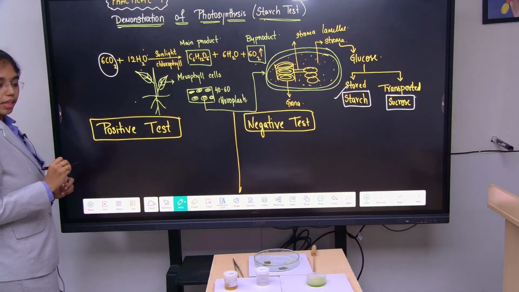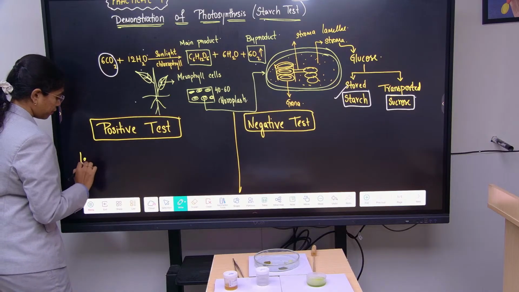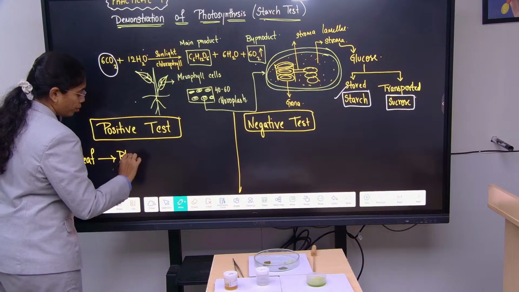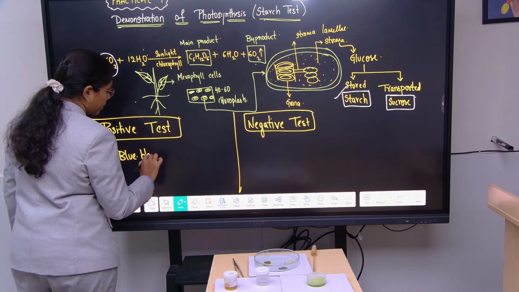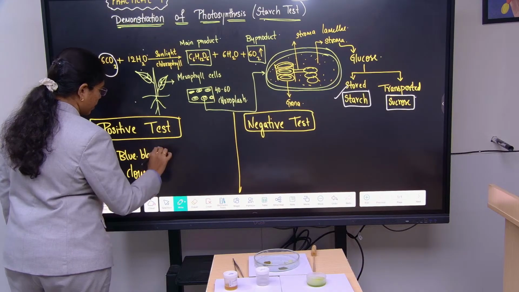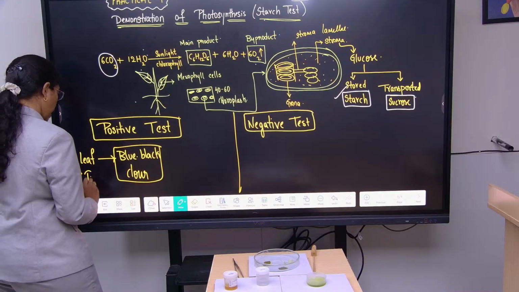In the positive test, the leaf turns blue black when it is added with iodine solution.